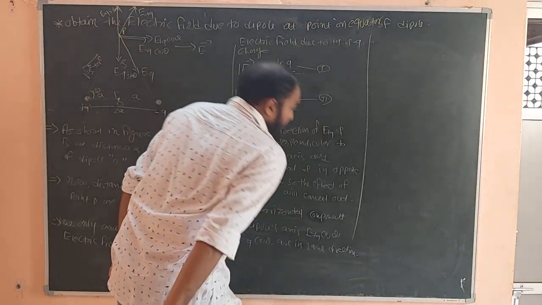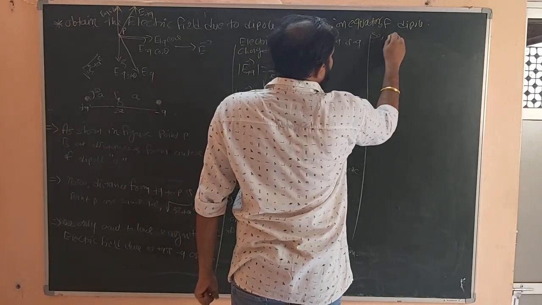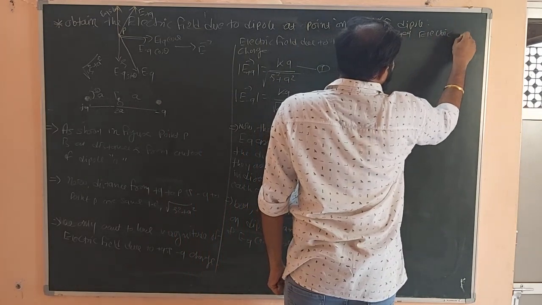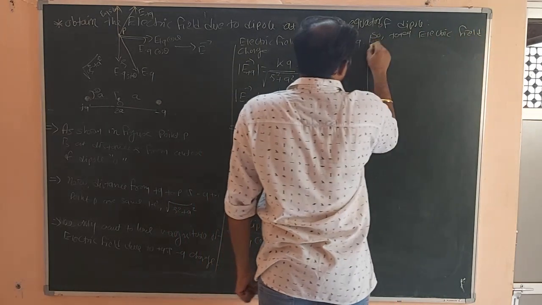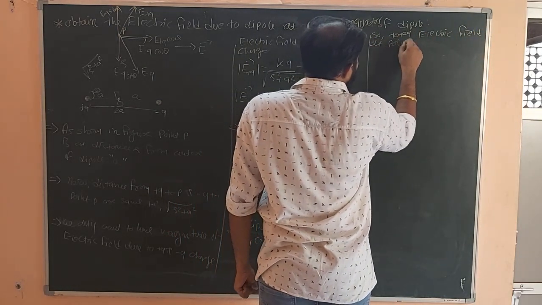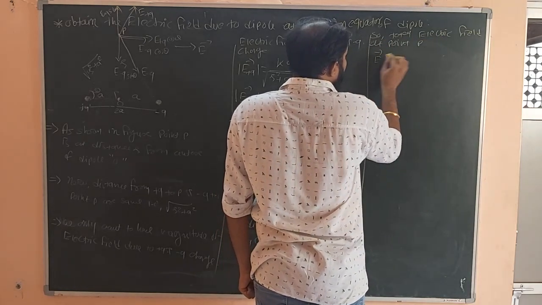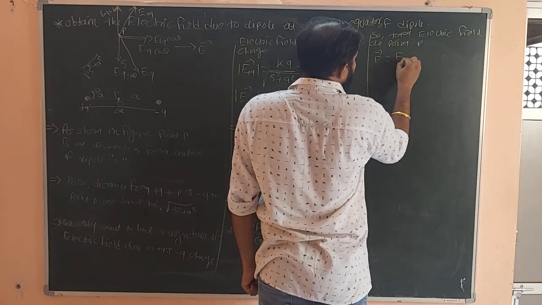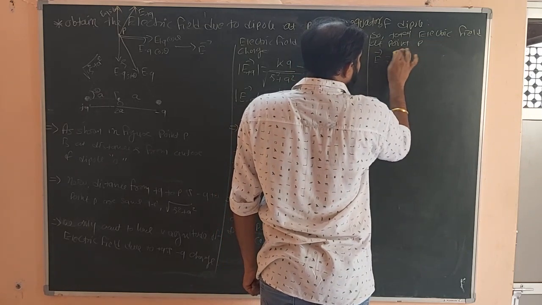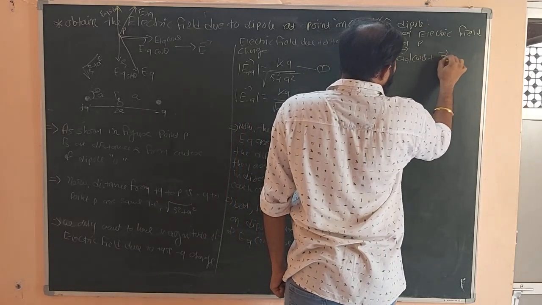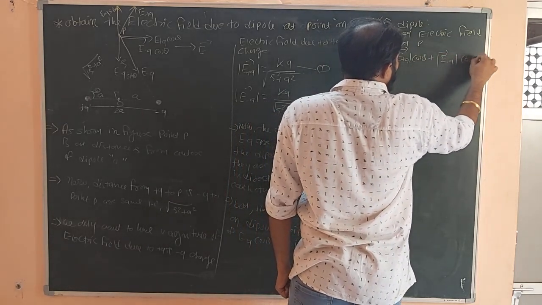So what will be the total electric field at point P? The electric field E is equal to the magnitude of E plus Q cos theta plus E minus Q cos theta.